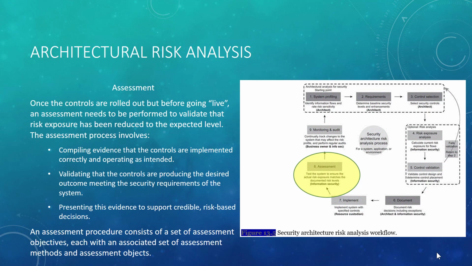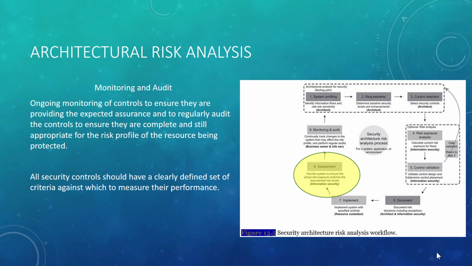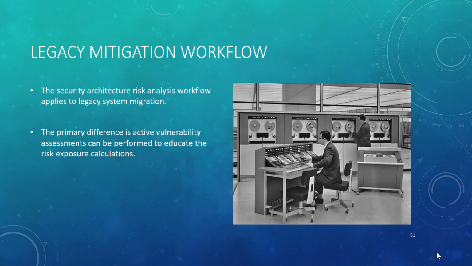All right, so we've done our assessment. We move into monitoring. Although it doesn't change on the graphic, we move into monitoring and audit, where there is this ongoing process of making sure that those controls are still operating within a band of excellence and doing what they're supposed to do against their performance criteria.